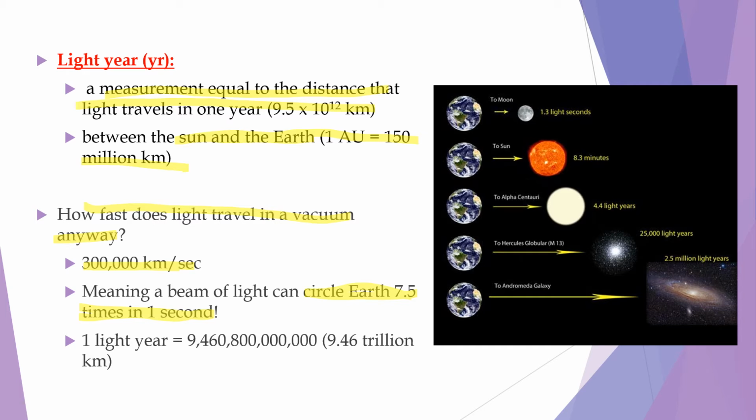So light can travel 300,000 kilometers in 1 second. So that means that in 1 second, light can travel around the world, based off of Earth's circumference, 7.5 times. Okay, and just a reminder, 1 light year, guys, is the measurement equal to the distance that light travels in 1 year, and that is about 9.46 trillion kilometers.